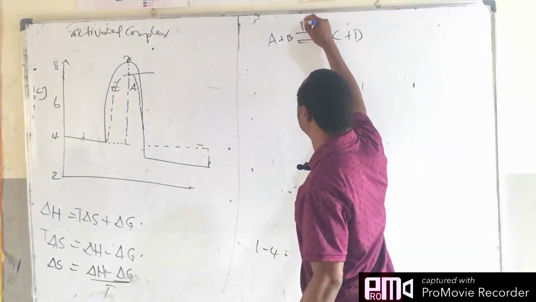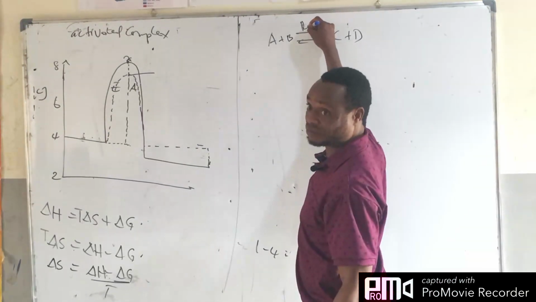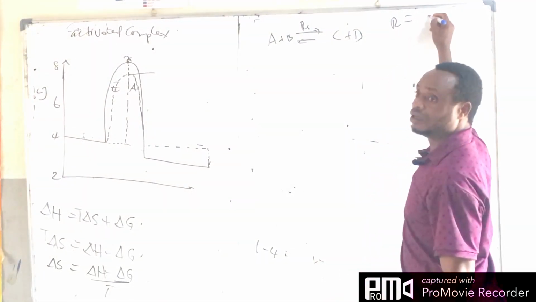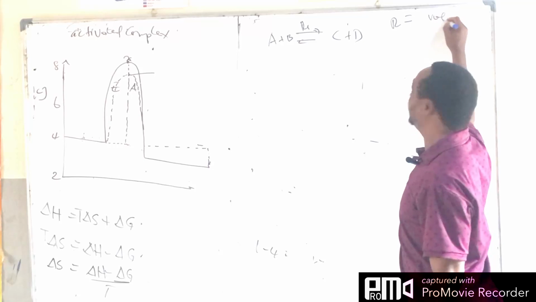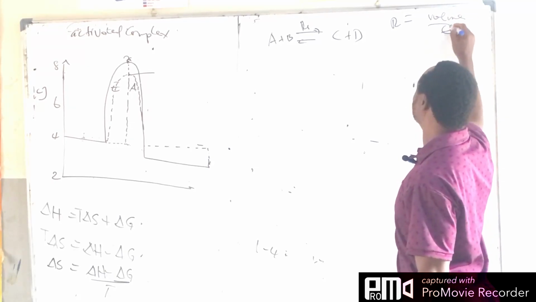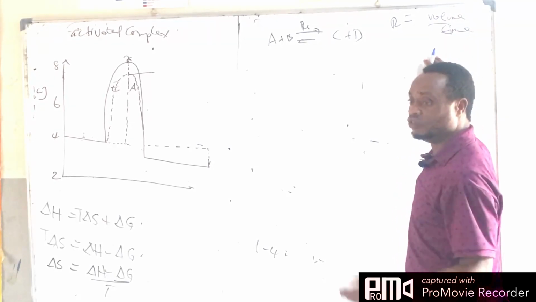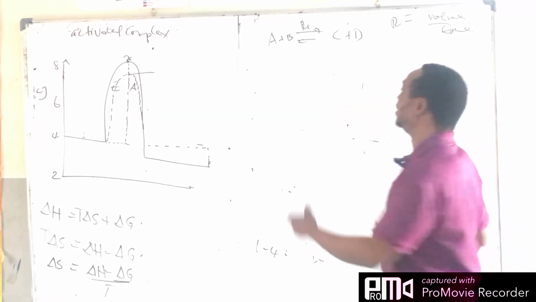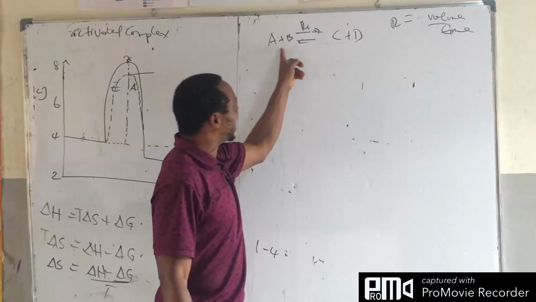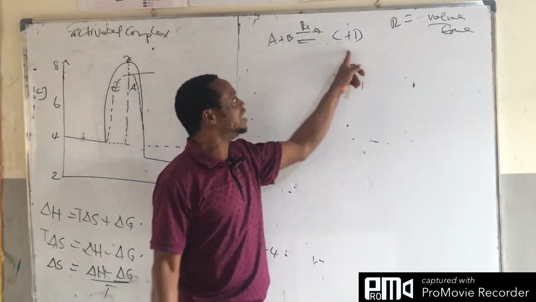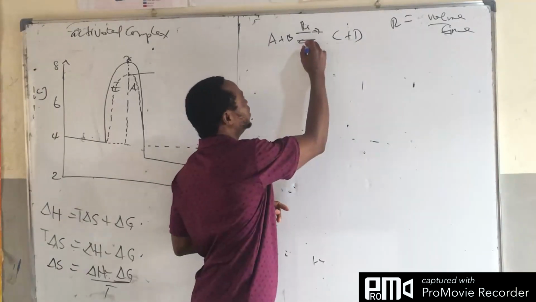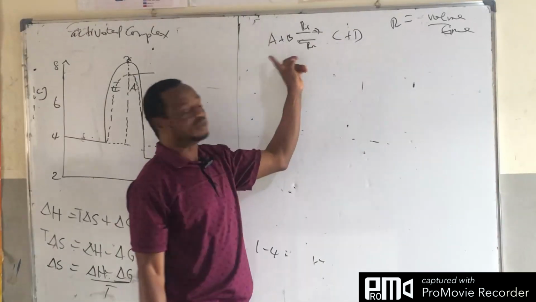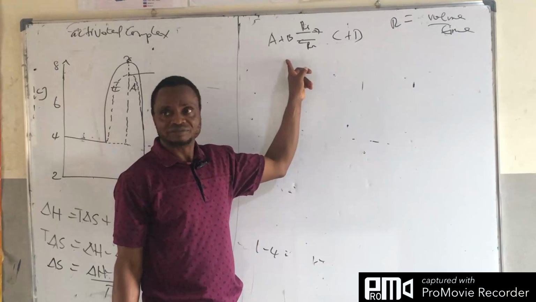Like I told you, if you have R1, the rate, remember that rate is equal to volume over time. The quantity of the reactant over time taken. Now, if it takes 1 second for this A and B to completely react to give you C and D, it's assumed to take the same 1 second, we use R2, rate 2, for this C and D to give you back A and B.